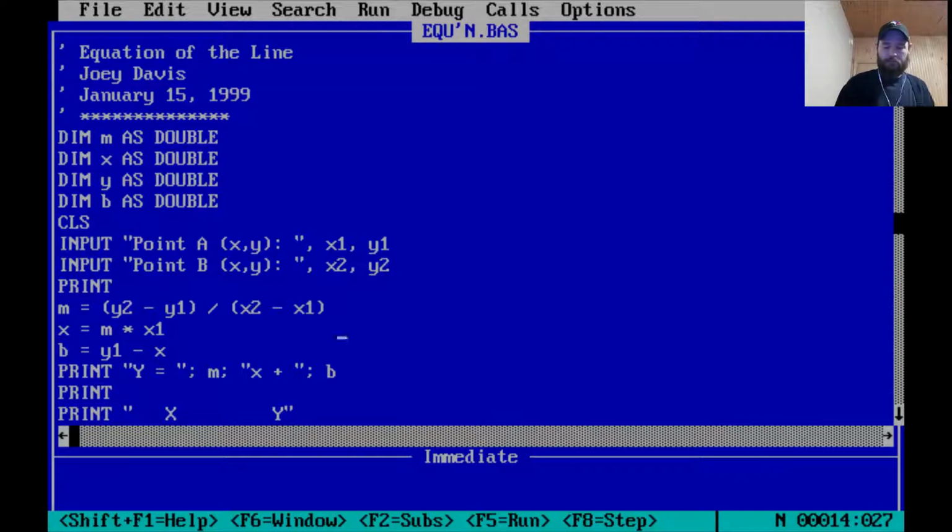Well, if y equals m times x plus b, and x is defined as m times x1, yeah, I can bring the mx to the other side. And remove this. So now y minus m times x equals b. X I'm defining as m times x1 here.